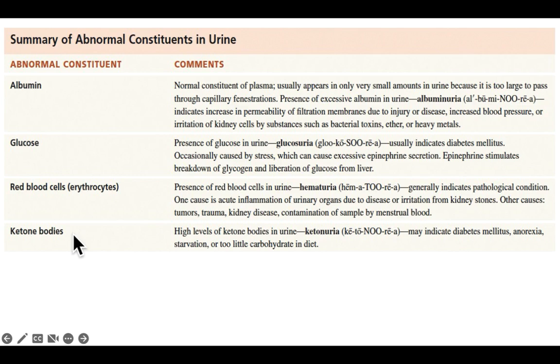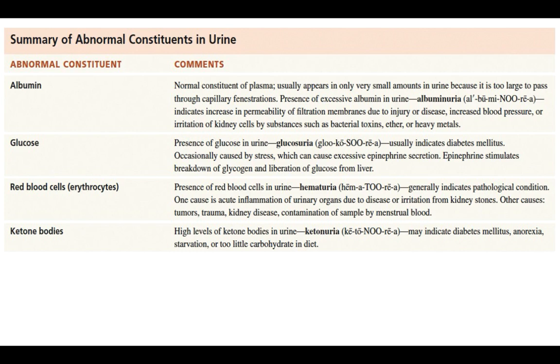And then finally, ketones. Ketones, what are they? Ketones are when your cells are burning too much fatty acid for energy. So your cells like a certain amount of glucose, fatty acids, and maybe an occasional amino acid for energy. If you take away the carbohydrates, either by not being able to get them into the cells, such as diabetes.